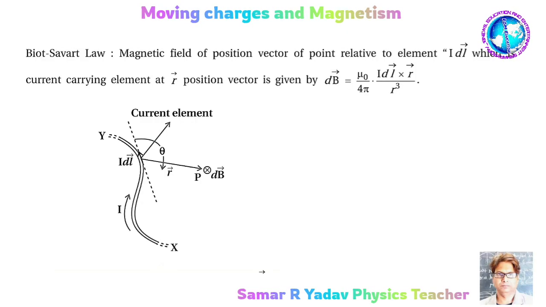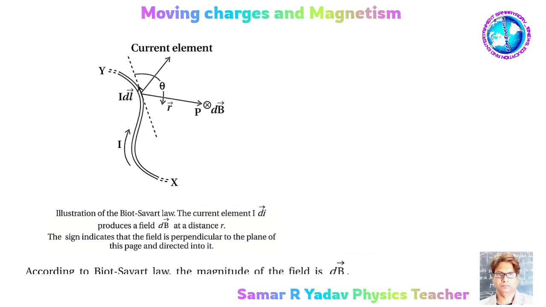You can see in the figure the current element I dl produces a field vector dB at a distance r. The sign indicates that the field is perpendicular to the plane of this page and directed into it.